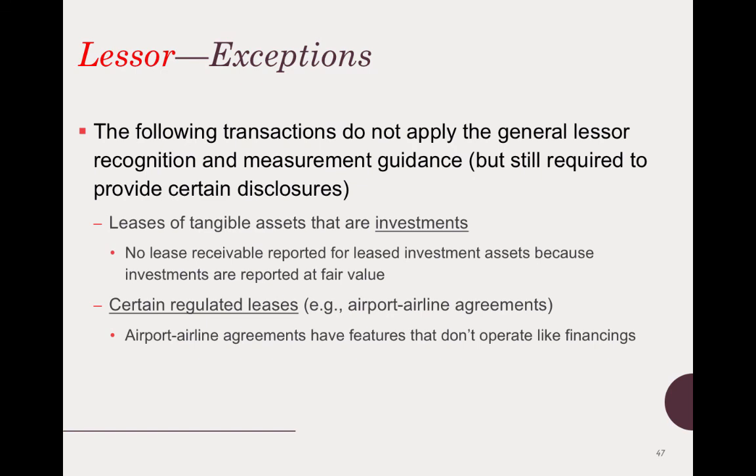You can't just say it's an airline lease or a regulated lease and get out of applying Statement 87's basic requirements. Statement 87 identifies the key characteristics of these contracts, and so if the lease contract has those characteristics, there's a different approach to reporting from that basic approach for the lessor of reporting the long-term lease receivable and the deferred inflow. There are also some very specific disclosure requirements that are related to these types of leases if they are taking advantage of this exception to the lessor accounting.